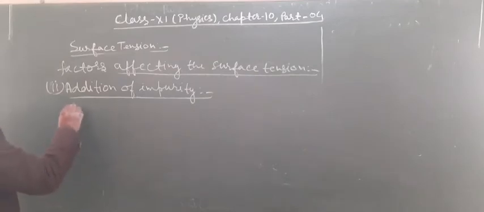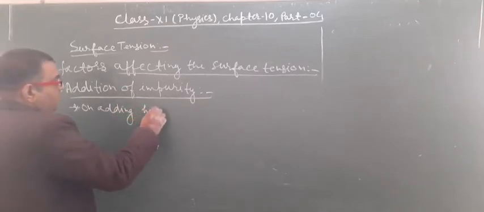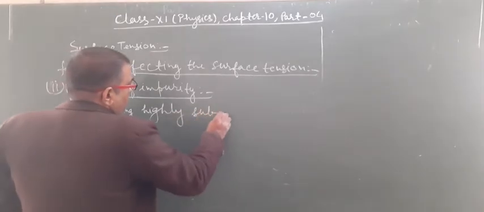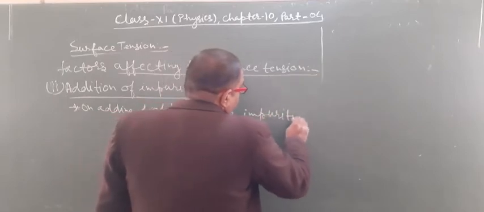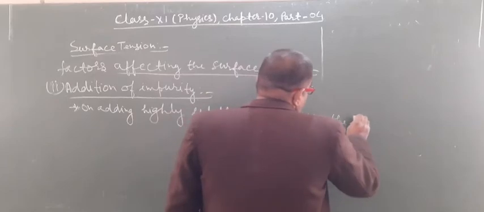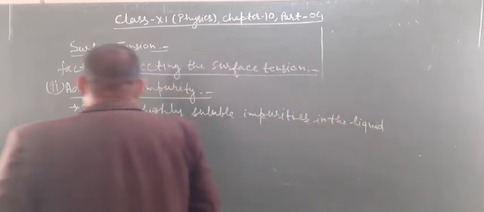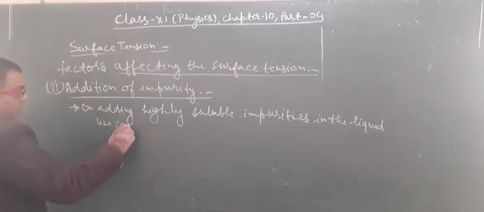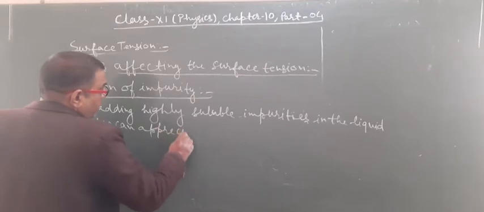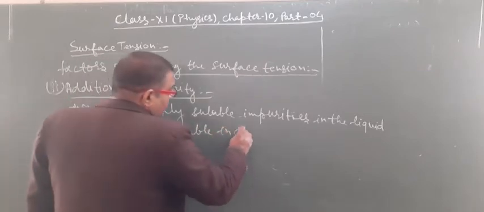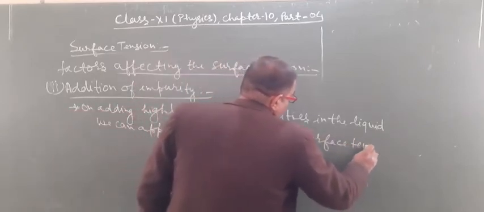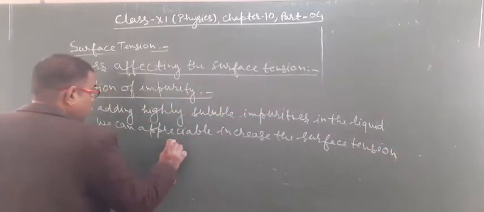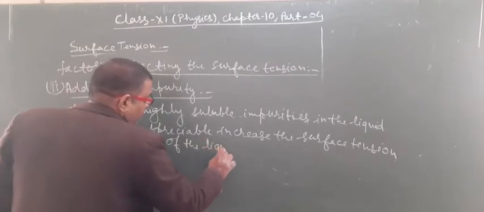So, on adding highly soluble impurities in the liquid, we can appreciably increase the surface tension of the liquid.